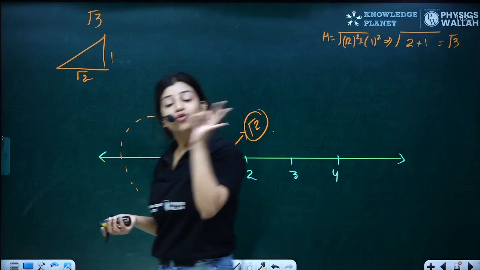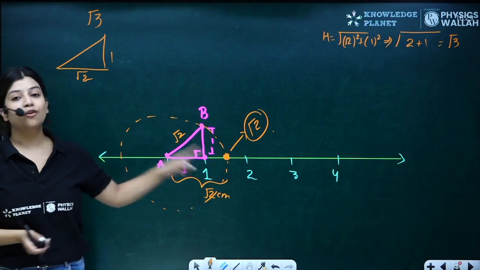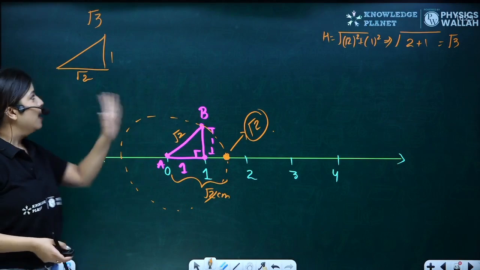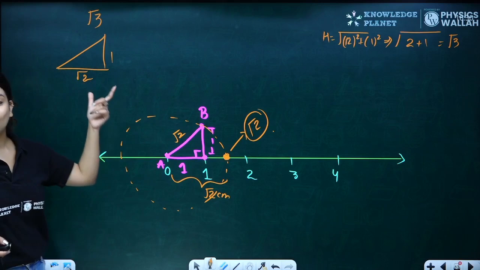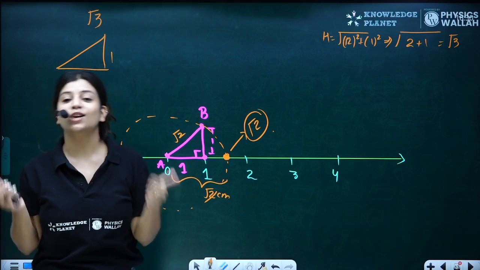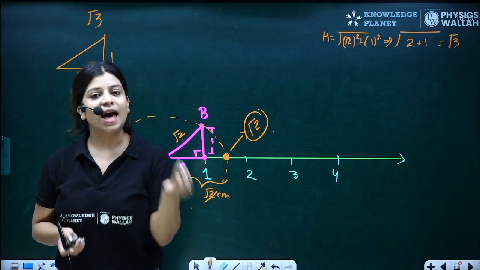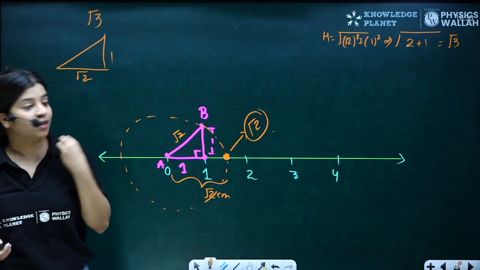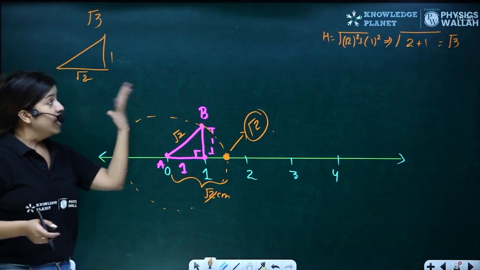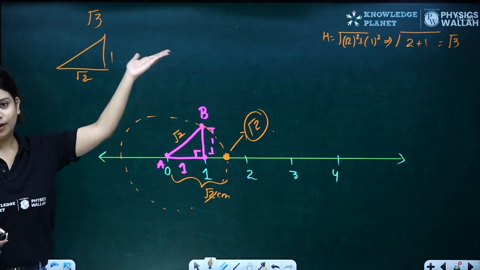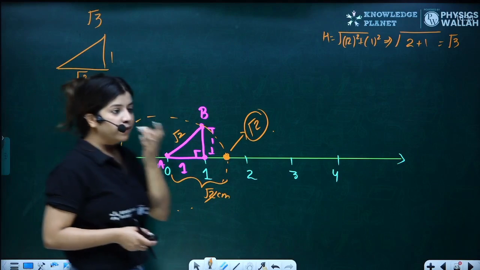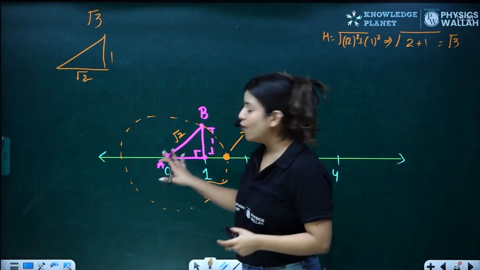Now to draw root 3, we have to first of all draw root 2. Why? Because in the base we need root 2, and with a ruler and pencil we cannot draw root 2 directly. So we actually have to draw root 2 if we want to draw root 3. We have drawn this root 2.